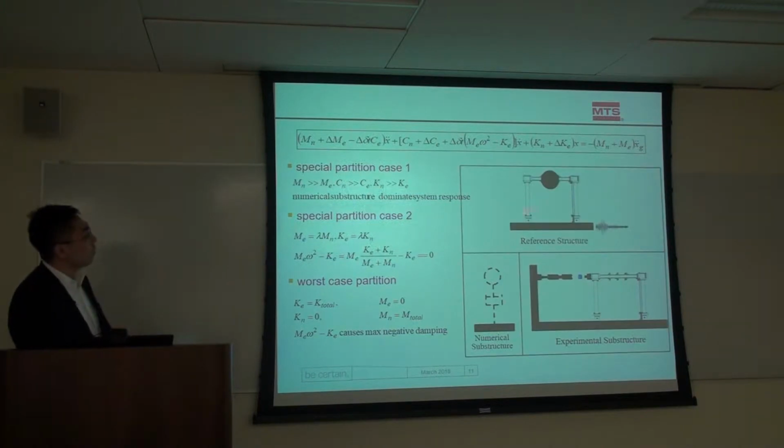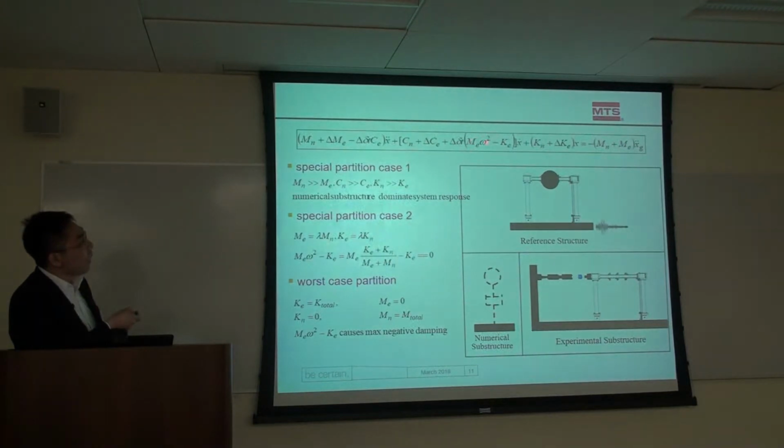What does that mean? Meaning that if we have a single degree of freedom dynamic problem, we divide our substructure in this way so that the whole frame, the whole stiffness is being tested physically, experimentally, and then the seismic mass is assumed numerically. In this way, this KE becomes very large, and then even if you have a very small control error, you are injecting a large negative damping into your system.